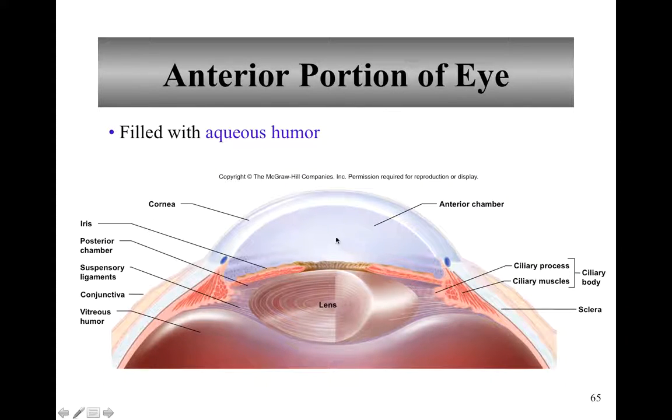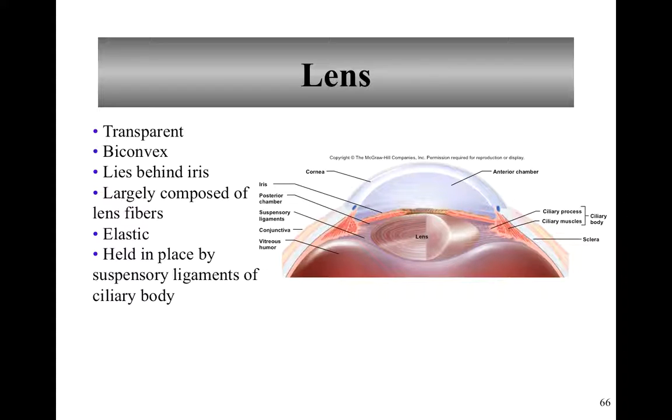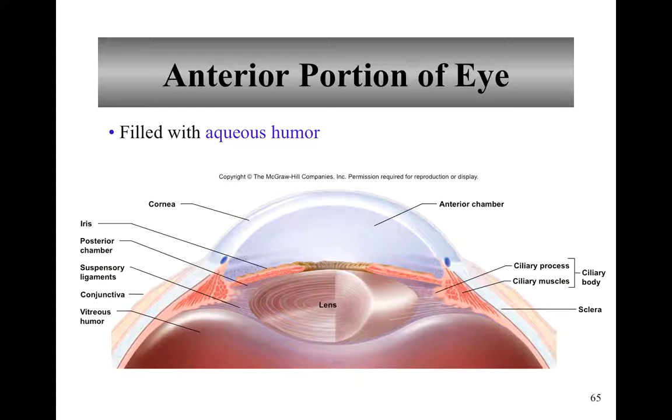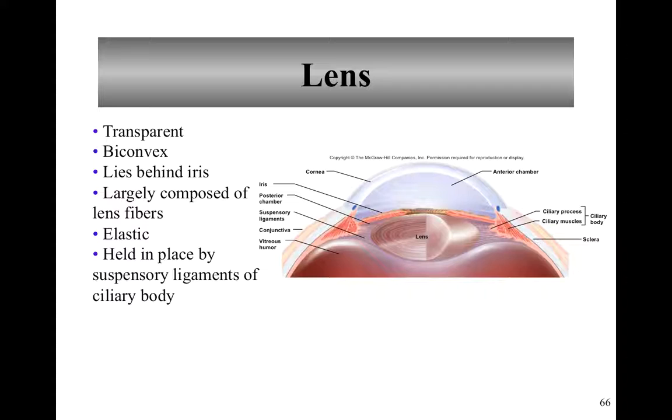So the anterior of the eye is filled with this aqueous humor in here. And that aqueous humor helps to maintain that shape there. The lens is biconvex.